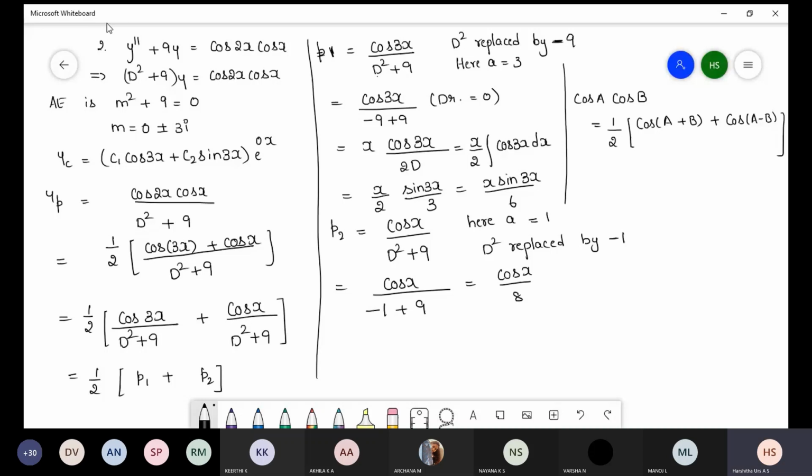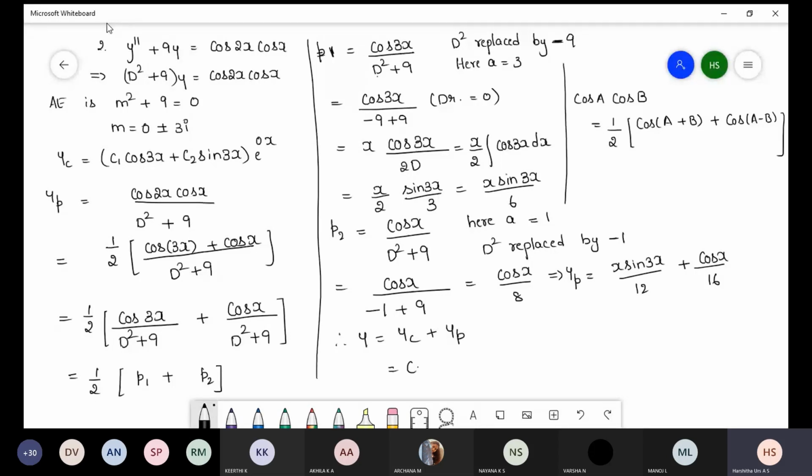So yp is equal to, I am just multiplying 1 by 2 into P1, meaning x into sin 3x divided by 6 into 2, 12, plus cos x divided by 8 into 2, 16. Therefore, y is equal to yc plus yp.